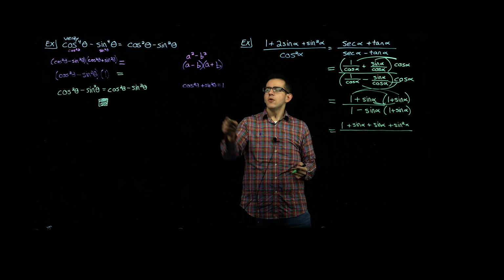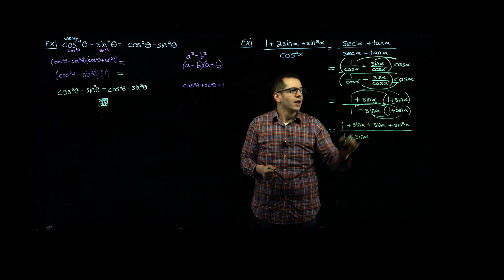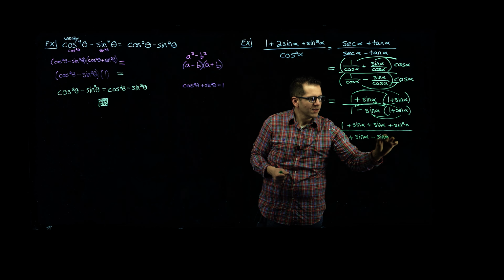We're going to get 1 distributed to each of these terms and sine of alpha distributed to each of these terms. That gives us 1 times 1 is 1, plus 1 times sine of alpha is sine of alpha, then negative sine of alpha times 1 is minus sine of alpha.